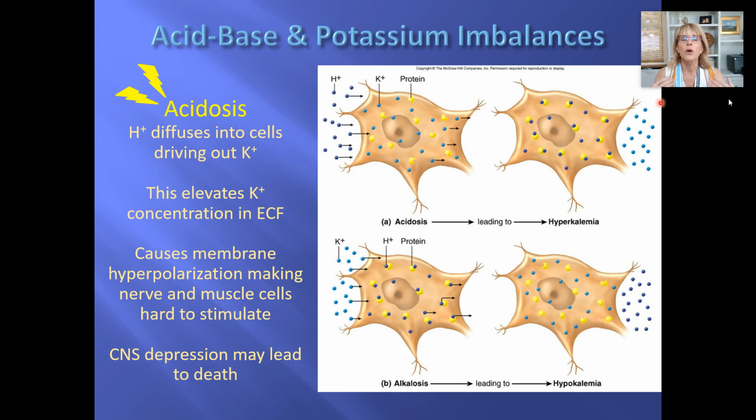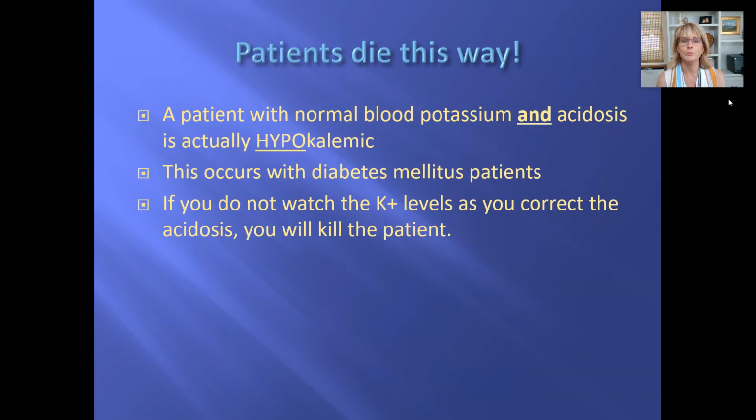Okay? So always when you're thinking about potassium levels in a patient, you need to be thinking about their acid-base status. If you don't take that into account when you are evaluating how much potassium they need in their IV fluids, you'll end up killing patients. Okay? So don't do it.